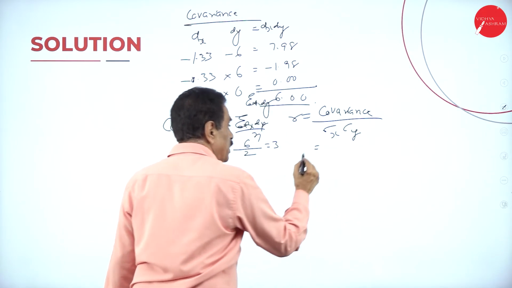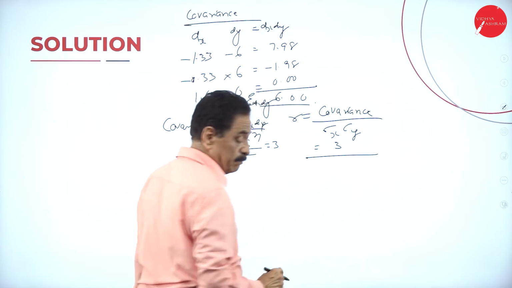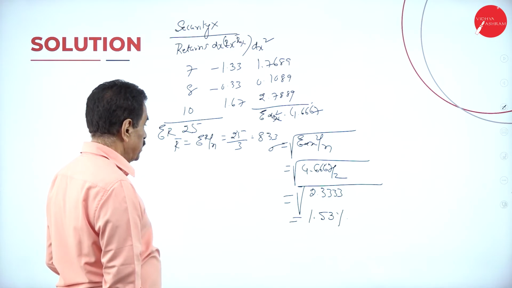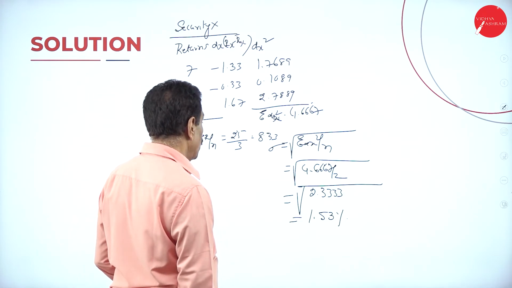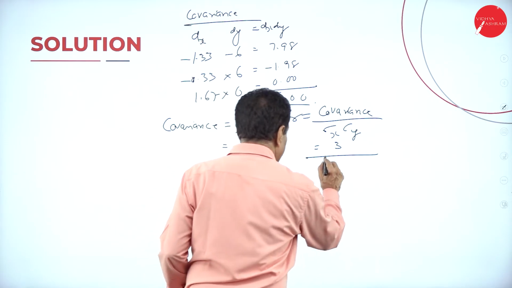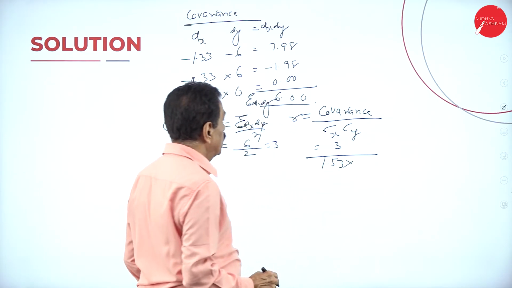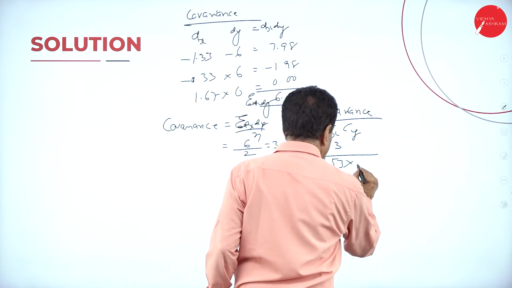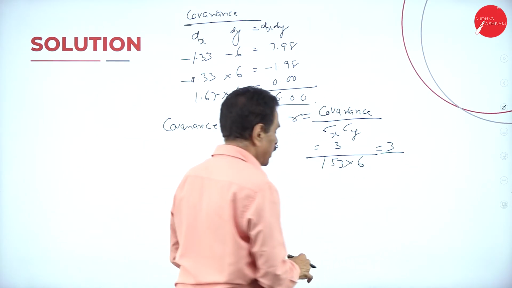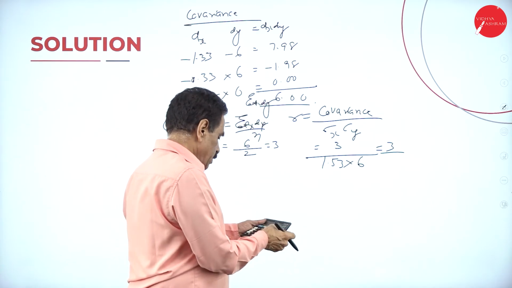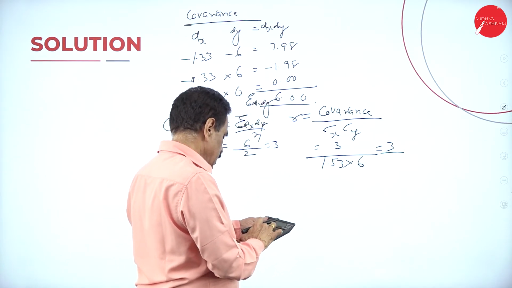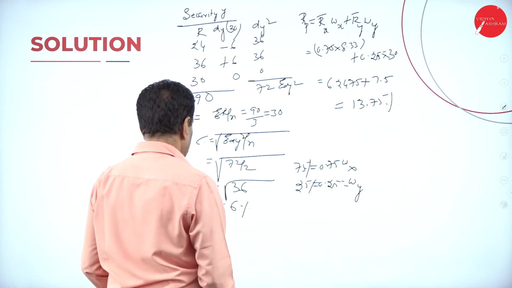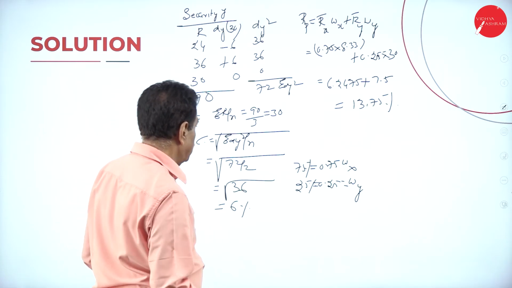What is your covariance? 3 divided by standard deviation of x, 1.53, into standard deviation of y, 6.